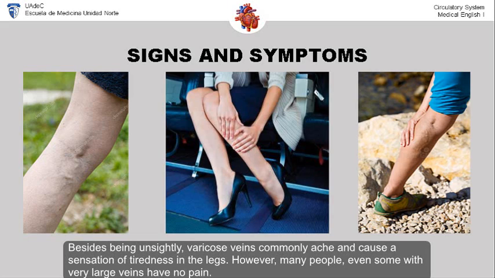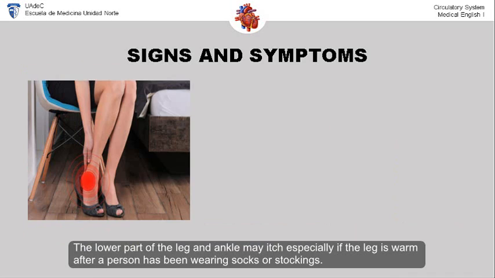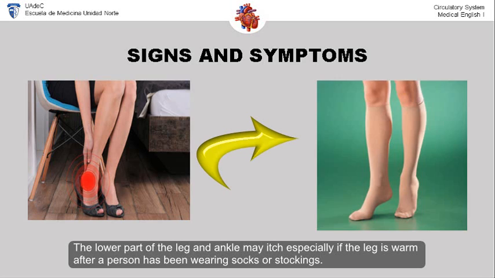However, many people, even some with very large veins, have no pain. The lower part of the legs and ankle may itch, especially if the leg is warm after a person has been wearing socks or stockings.